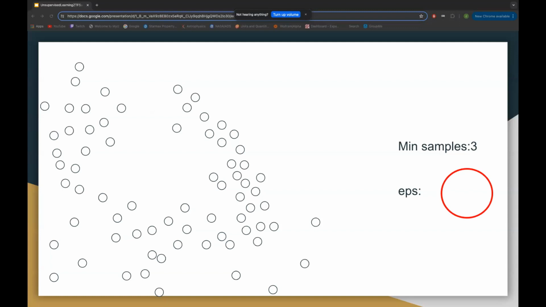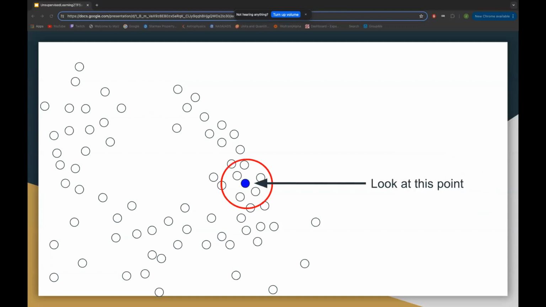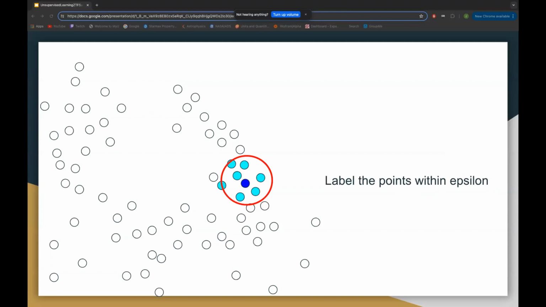First we pick a random point here, and we see there's 1, 2, 3, 4, 5. There's more than 3 within epsilon, so this gets labeled as a core point, and all of these ones are its neighbors.